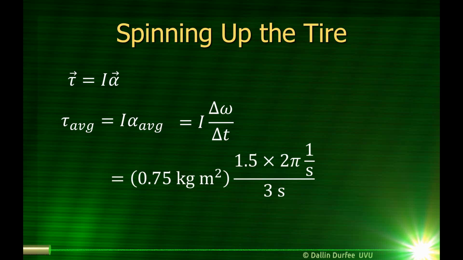We started with no angular velocity, so the change is just the final angular velocity, which is 1.5 times 2 pi radians per second. It does 1.5 rotations per second, and there's 2 pi radians in every rotation. The moment of inertia is given, and the time is given, so we can just plug that in and find that the average torque is 2.36 Newton meters.